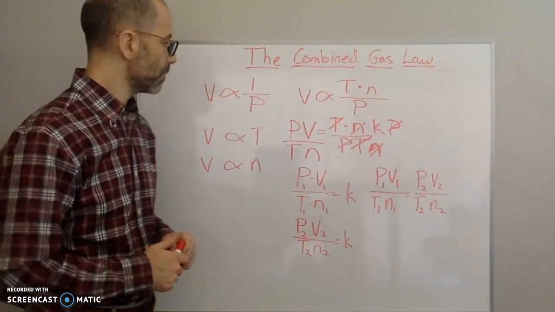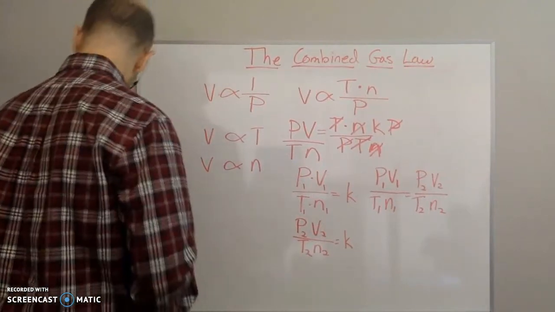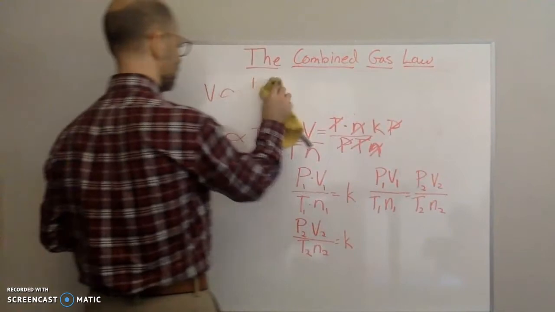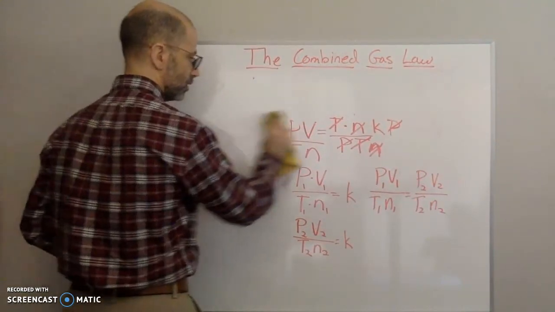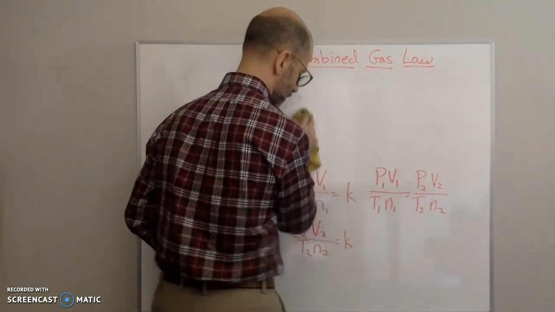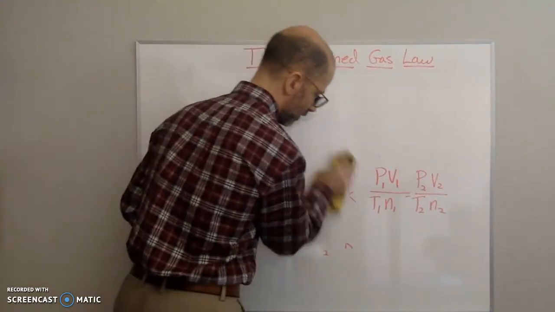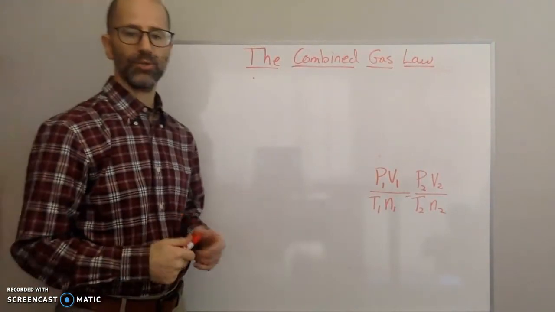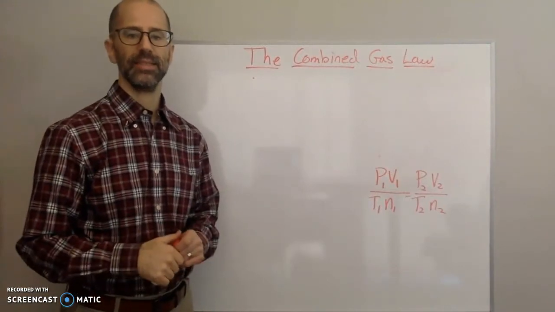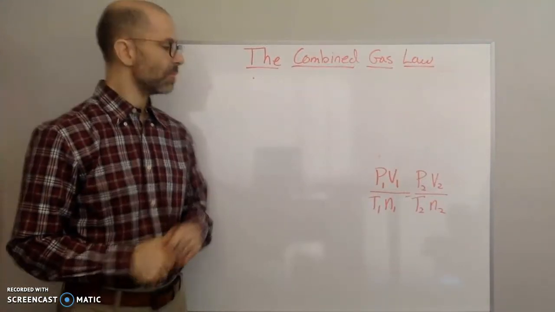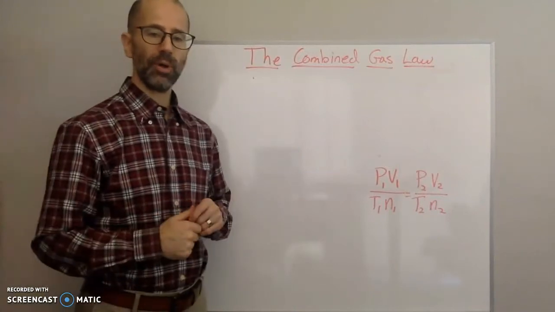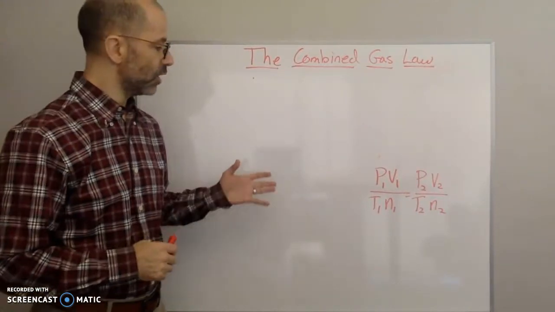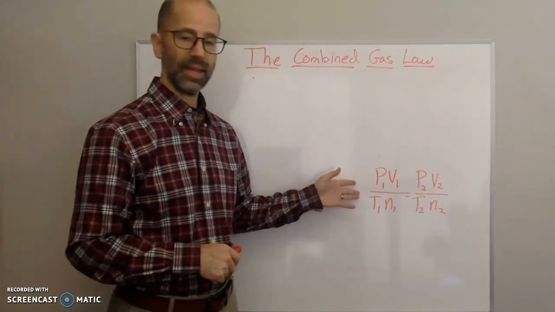Why? Because I'm going to have to erase. So we got this down. If I erase everything, this is why it's important to keep track of what is constant. If you have a problem where there are certain things that are constant, then you can eliminate that from the equation.